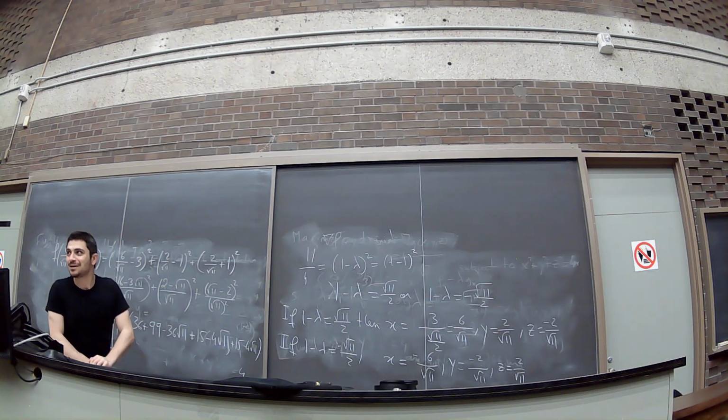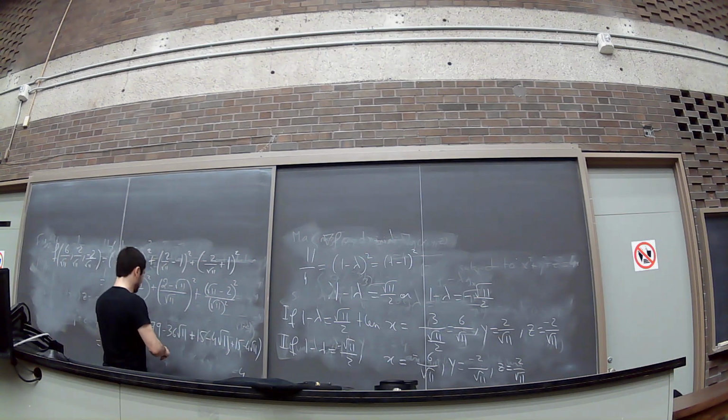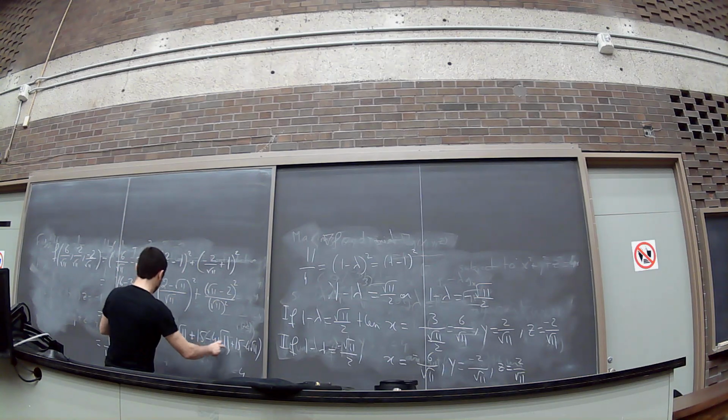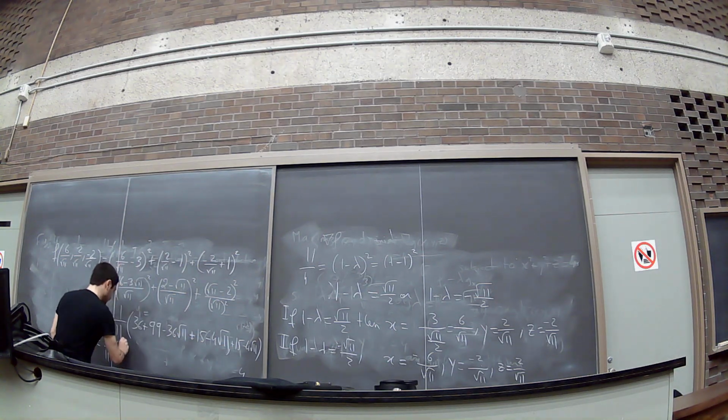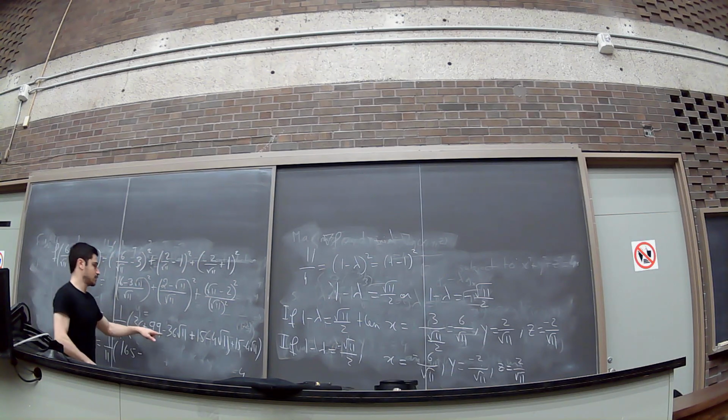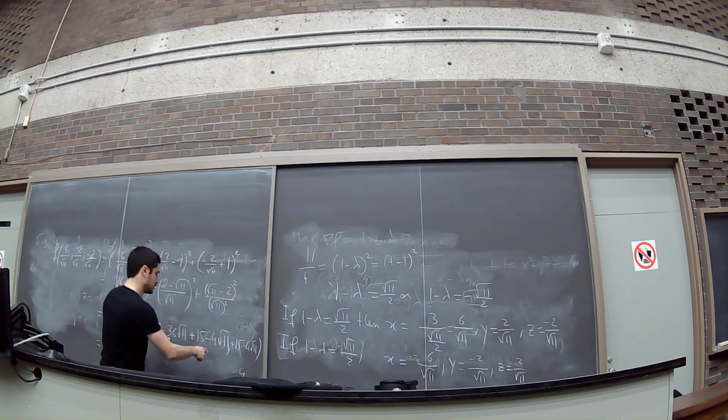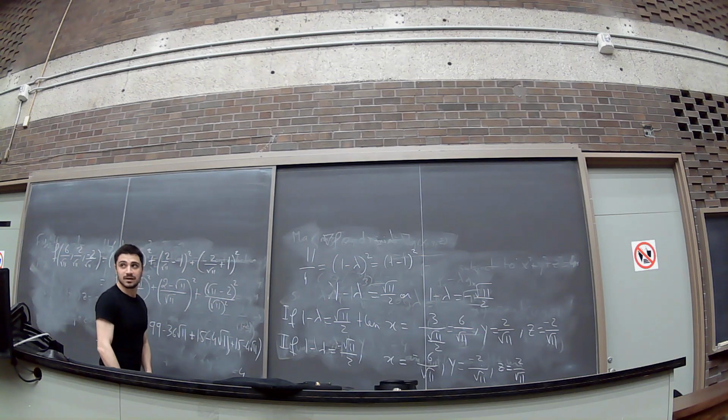Yeah? 66 plus 99, what is that? 165, right? So it's 36 and 30 is 66, plus 99 is 165, minus 36, root 11, minus 36 minus 8, what is that? Minus 44.